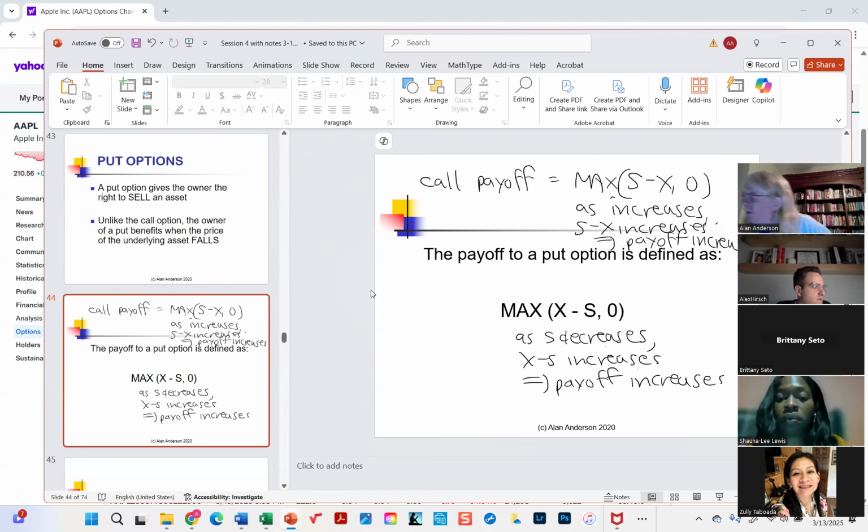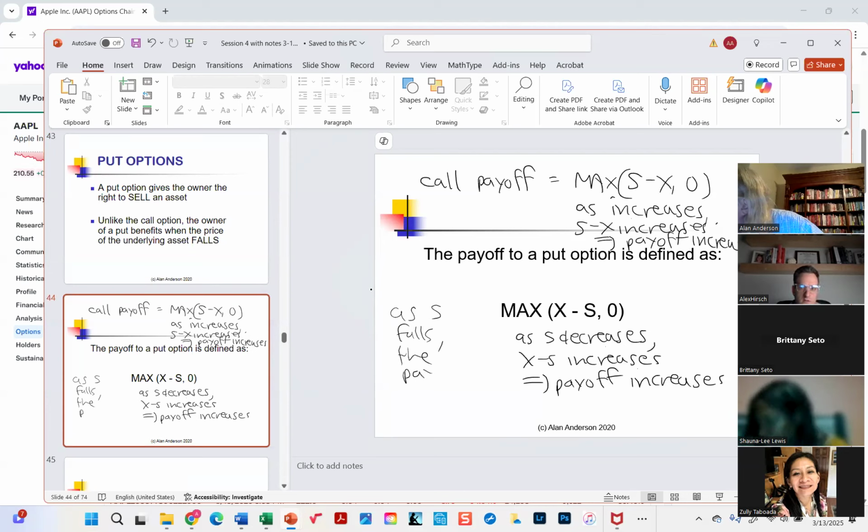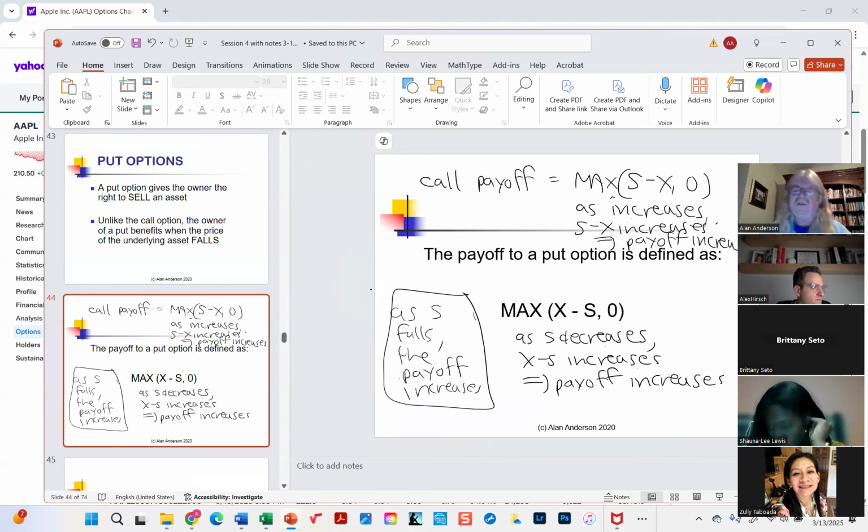Because now, as S falls, the payoff increases. That's why it's written this way. X is a fixed constant, so as we experience a falling stock price, the payoff will get bigger.